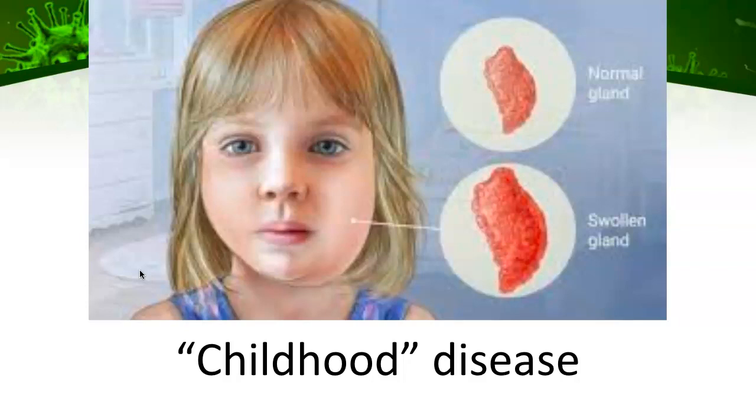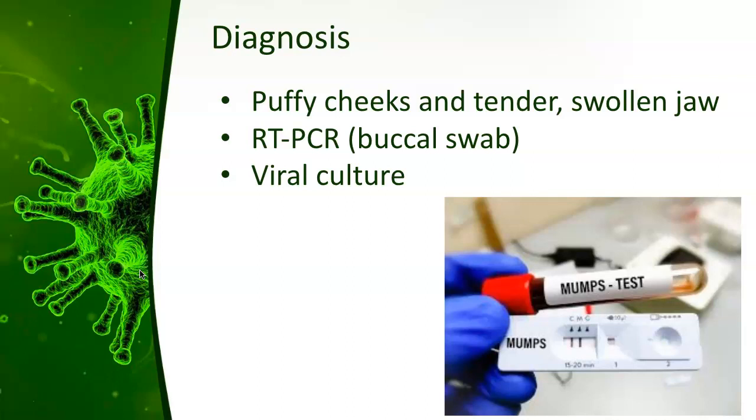Okay? Now, this disease is most common in children under 10 years of age, which is why it's commonly referred to as a childhood disease. The diagnosis. Puffy cheeks and tender swollen jaws are definitely normally a sign of it. PCR and viral culture are used to confirm mumps infection.